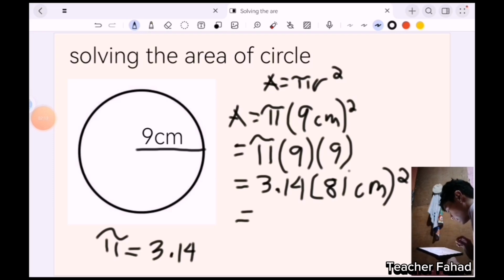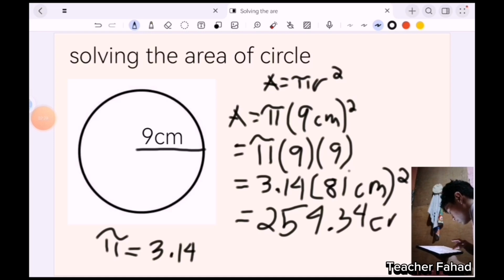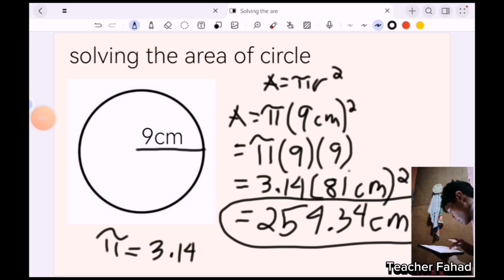So, 81 times 3.14 or 3.14 times 81 is equal to 254.34 square centimeter. So this is the area of circle.